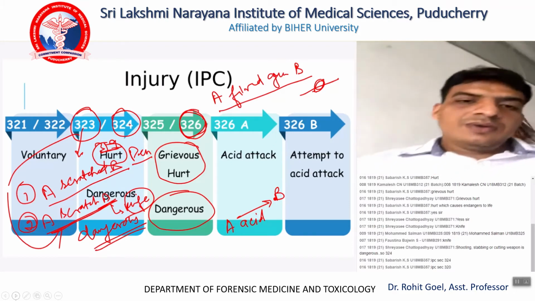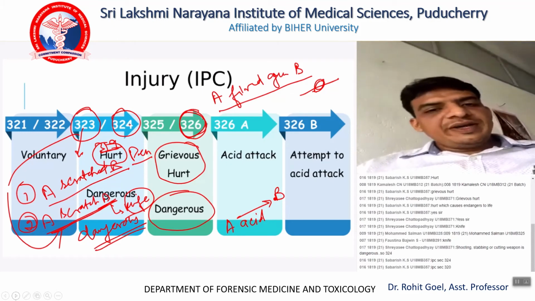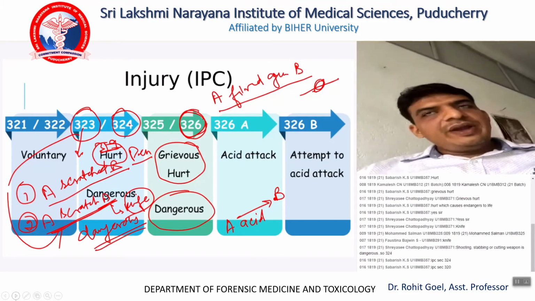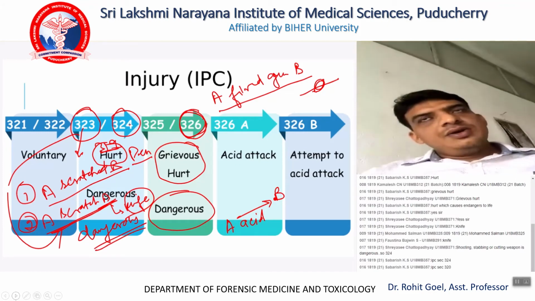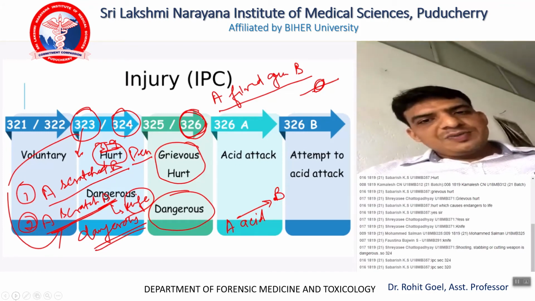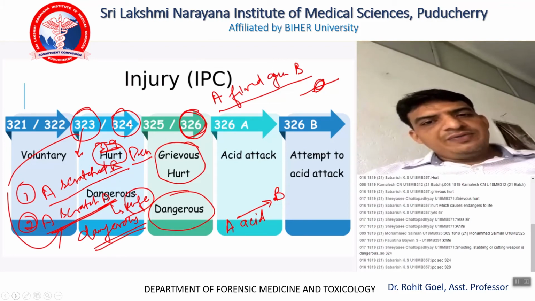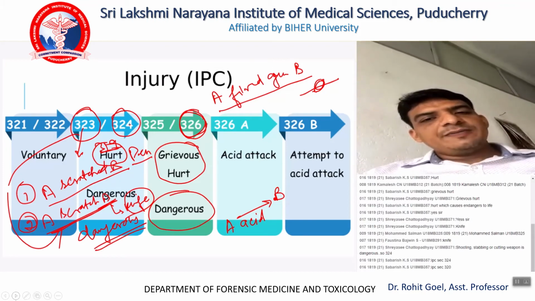See, 320 defines grievous hurt. Whenever a charge is put against somebody, you will have to see the scenario. Police person will look at the scenario and will file as per where punishment is defined.